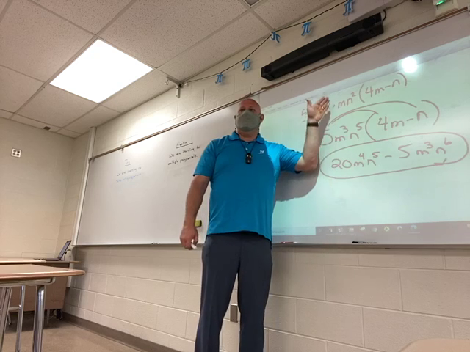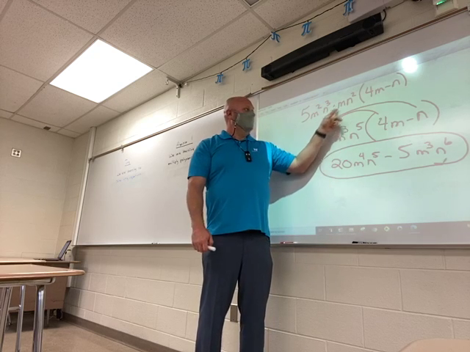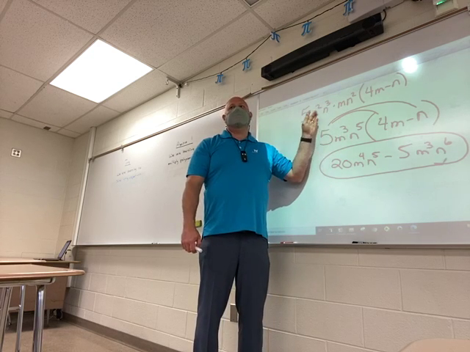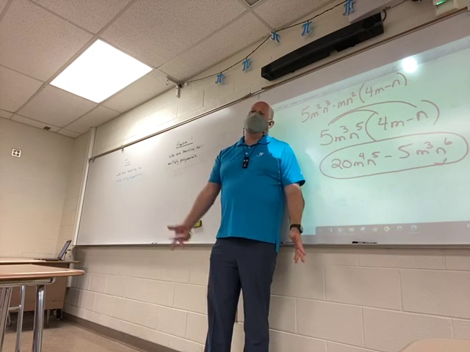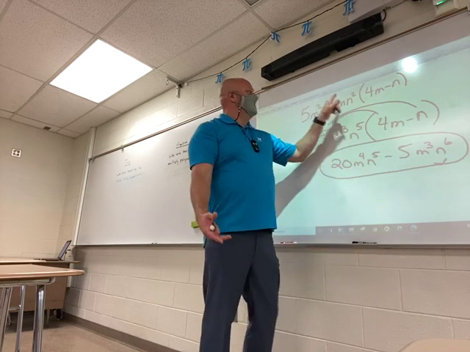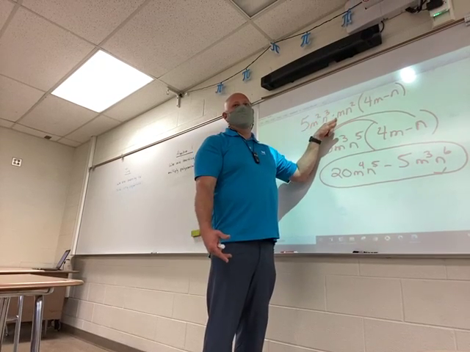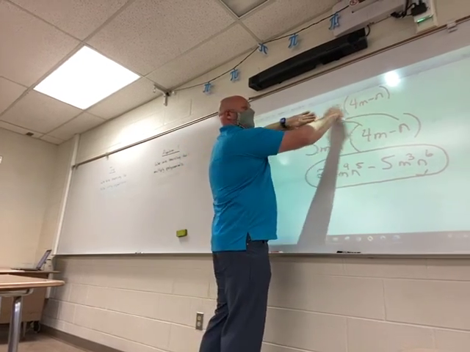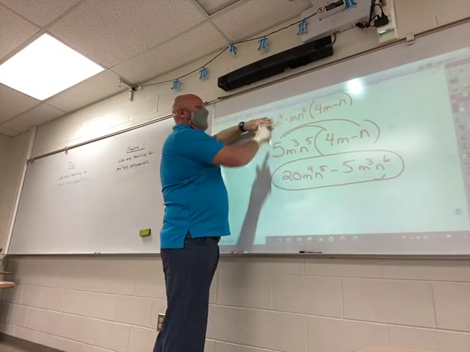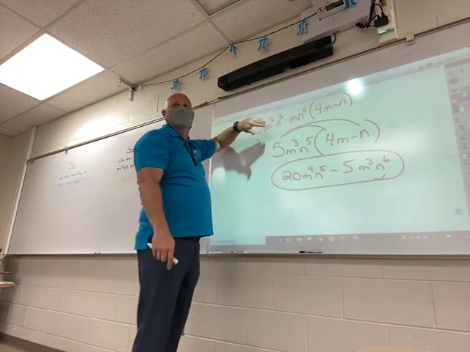Does everybody see how I did this one? Multiply just these 2 together first, then distribute that through. Now, officially speaking, does it matter if I multiply these 2 first or these 2 first? Could I have distributed that through and then distributed that through?